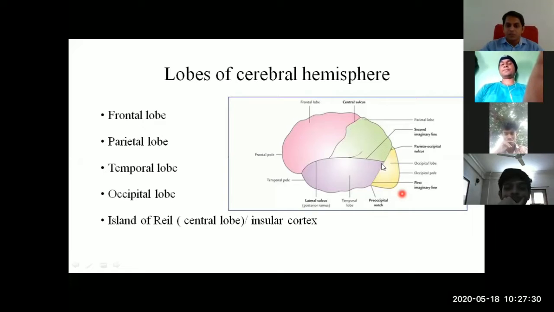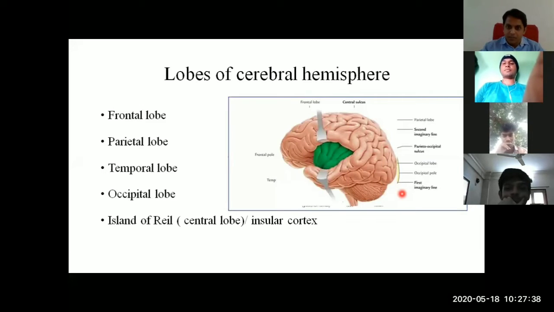Apart from this, there is one more lobe which is hidden within the cerebral hemisphere, and that's called the insular cortex. You can see if you raise the lip of this lateral sulcus, you can see the hidden cortex called the insular cortex, also called the island of Reil or the central lobe.